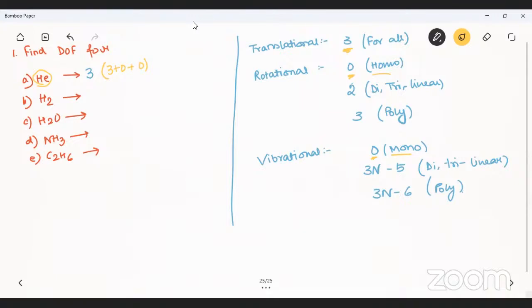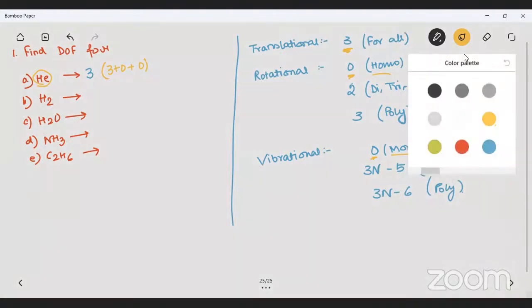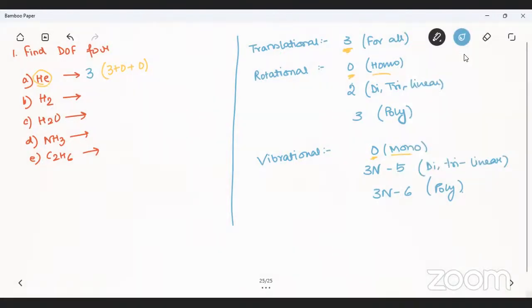For hydrogen now, say, what will be the answer? Hydrogen, what will be the answer? Try. It is 3n minus 1, 5. Ma'am, 5. No, it will be 3n, 6. 3n minus 3, ma'am. Yeah, so it will be 6. Okay.